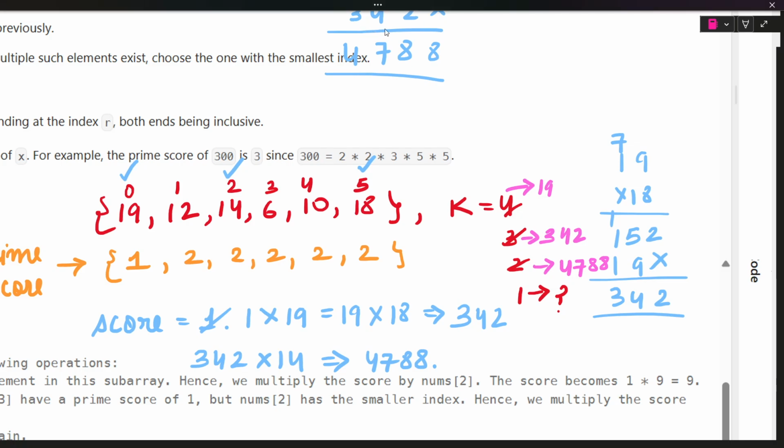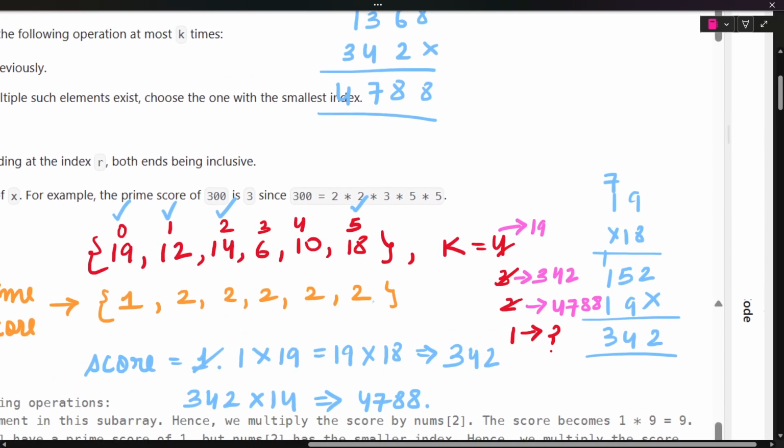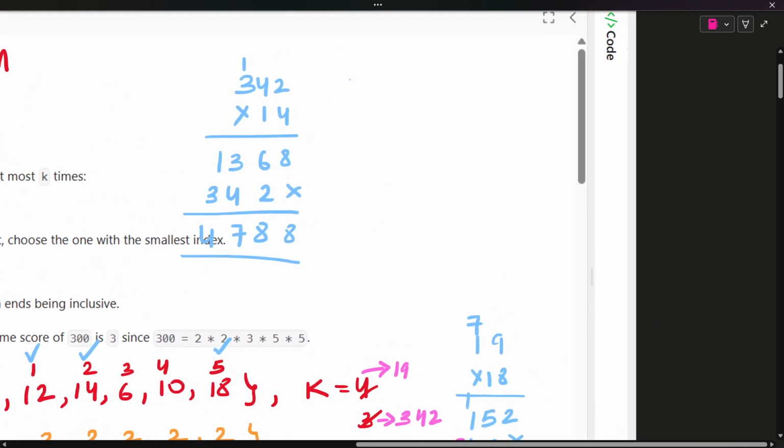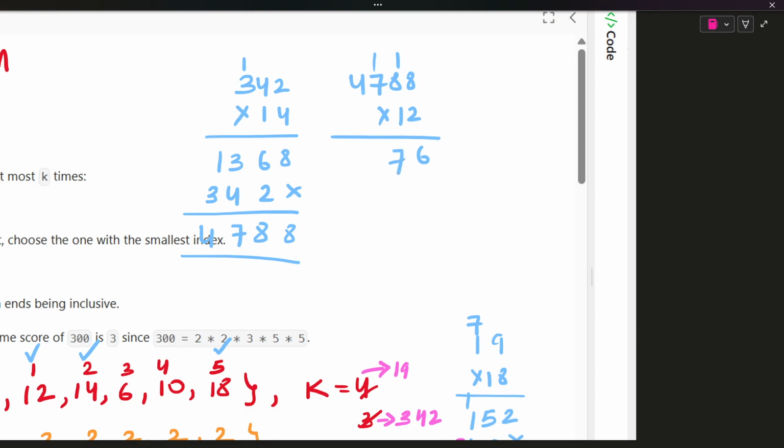Which is 12, right? 12. So 4788 into 12. We just do it. Okay. 4788 into 12. 8 6 6 8 to the 16. 16 plus 1, 17. 17 to the 14 plus 1, 15 and 4 to the 8 plus 1, 9 into 8 8 7 4.